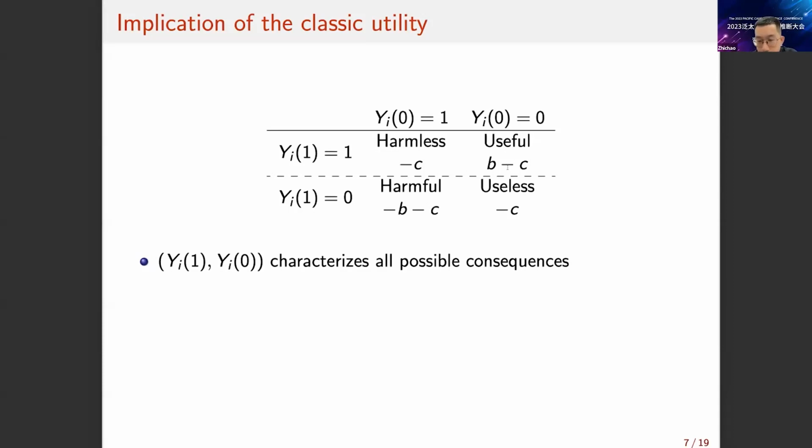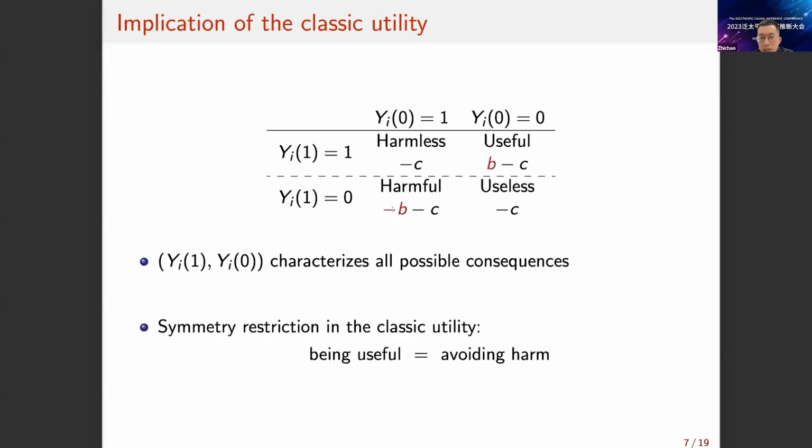If we ignore the common cost term in these utility changes and focus on the benefit terms, we can see this positive B here comes from the utility gain of assigning a useful treatment, and the minus B here comes from the utility loss of assigning a harmful treatment. By using the classic utility function, we will always have the sum of these two be 0.